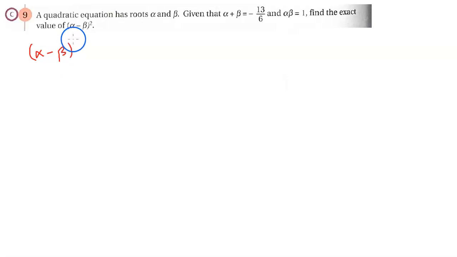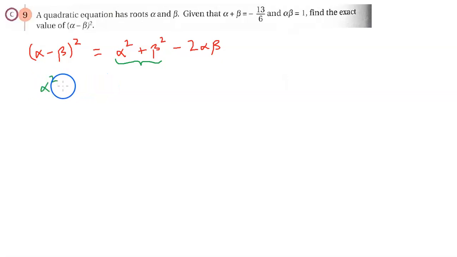We can make the observation that (alpha minus beta) squared is equal to alpha squared plus beta squared minus 2 times alpha times beta. And then from there, we make the observation about alpha squared and beta squared. That one connects to our alpha plus beta and alpha times beta values in the following way.